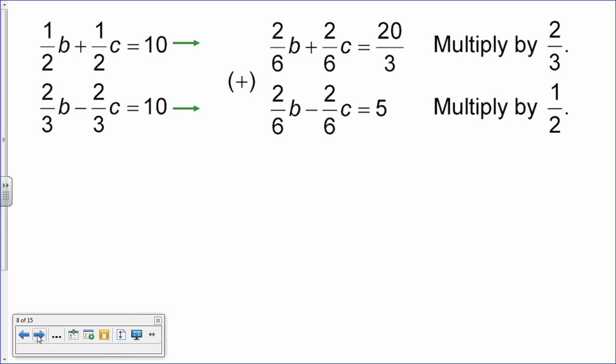Here's what your problem should look like. 1/2 A plus 1/2 C equals 10. Which one was that? With the current, right? Then the bottom one, 2/3 A. Now they use B, I use A, so you could rewrite those as A if you want. 2/3 A minus 2/3 C equals 10. This one was what? Against.